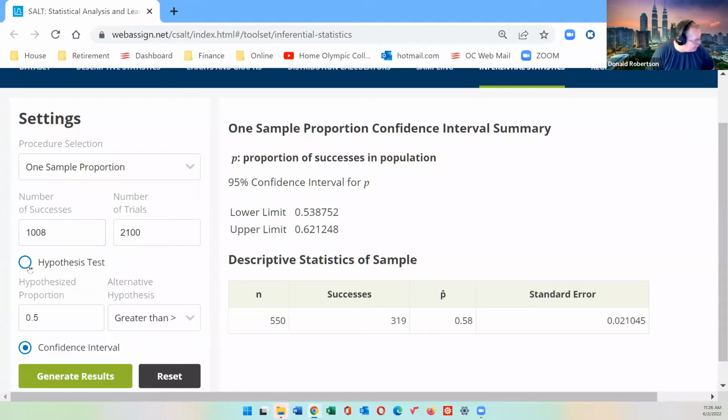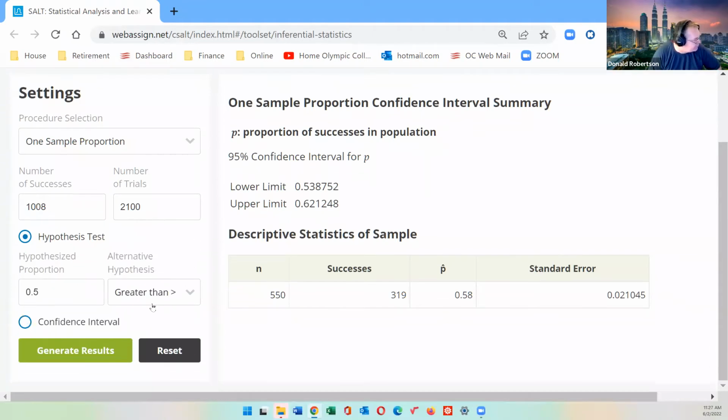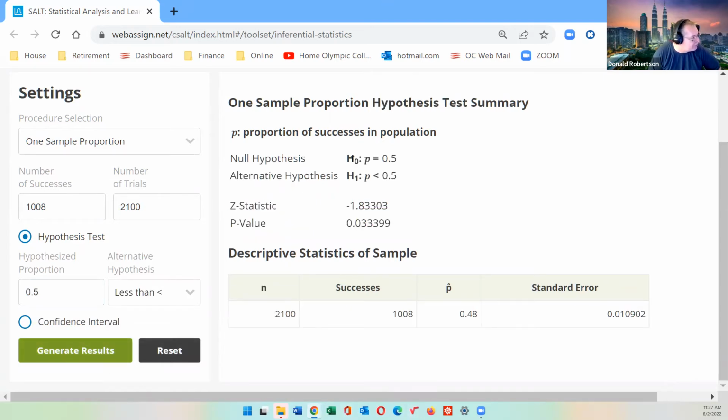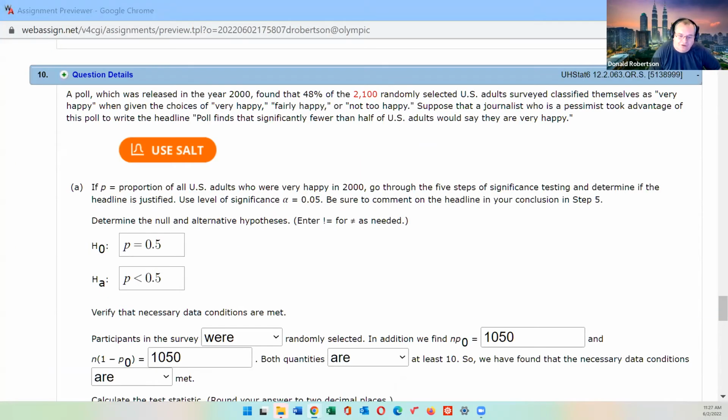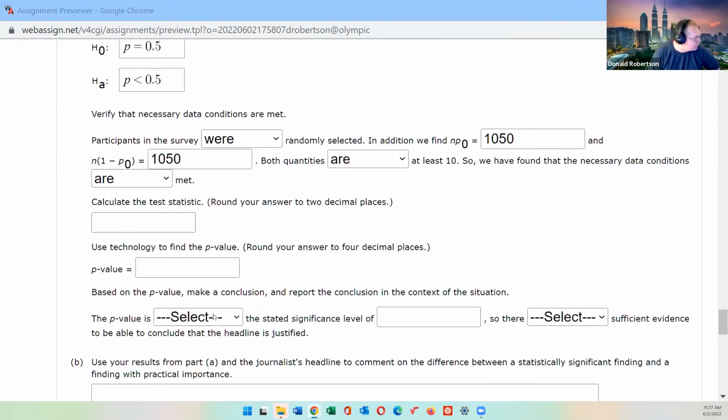And we're doing a hypothesis test. And it's 0.5, and we're trying to see, is there evidence that it's less than? And now generate the results. Here is the Z statistic. And here is the p-value. So I've got a Z statistic, which is going to go here.